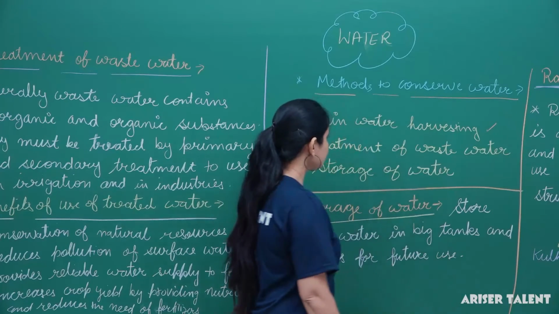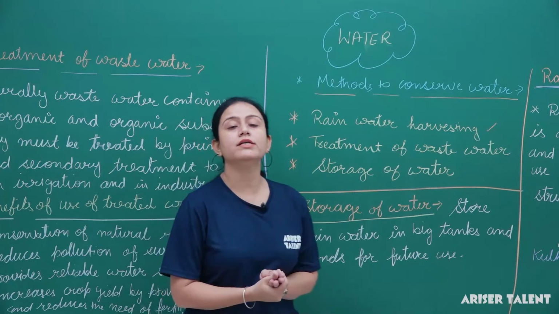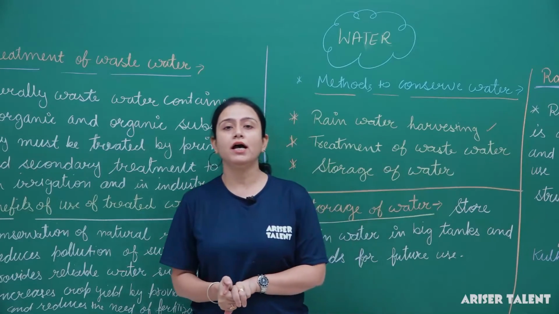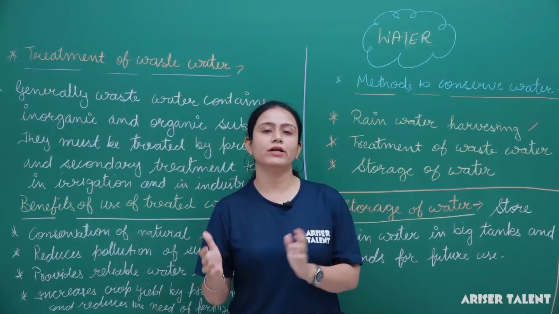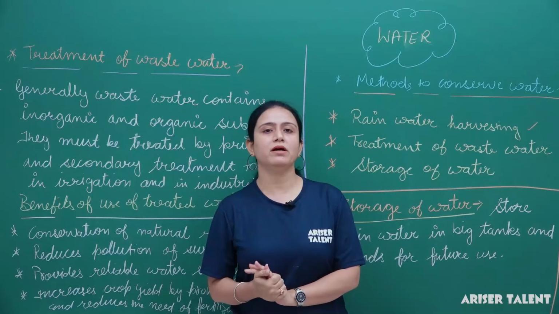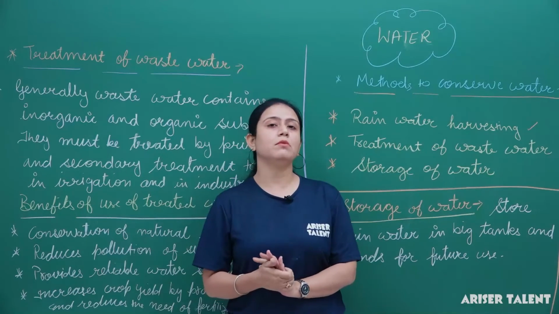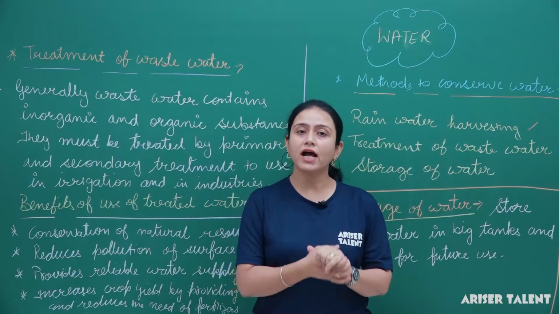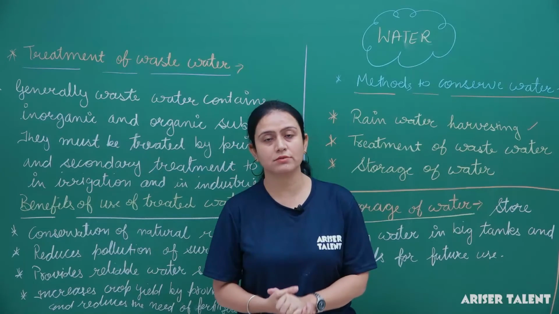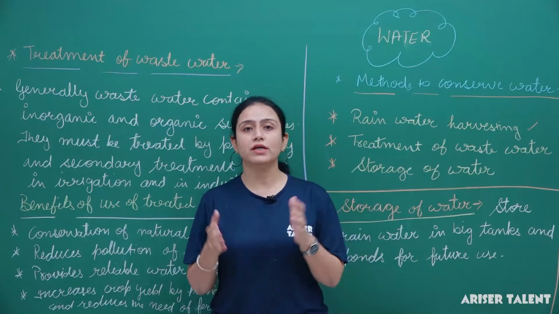As I told you, water is very essential and it is exhaustible also. Even though the third quarter of the earth's surface is covered by water, only some amount is potable, in the form of fresh water, and that fresh water is exhaustible. So we need to conserve it.